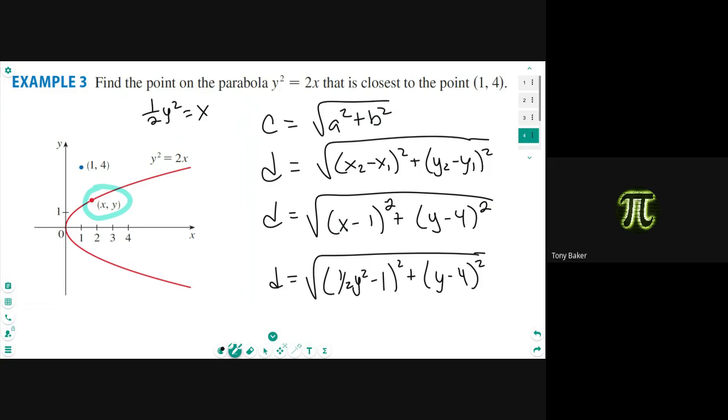What are we looking for in this problem? We're looking for the minimum distance. If I wrote my Pythagorean theorem as this, if I minimized c squared, would that also be the same as minimizing c?